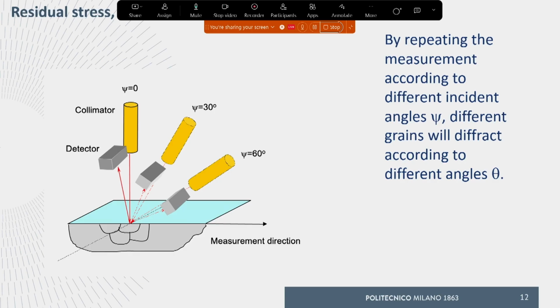And then we can repeat in different positions, always in the same point. We are moving, turning the collimator this way, but finally the point where the X-ray beam hits the surface remains the same. And we can call psi the inclination of the collimator with respect of the free surface.